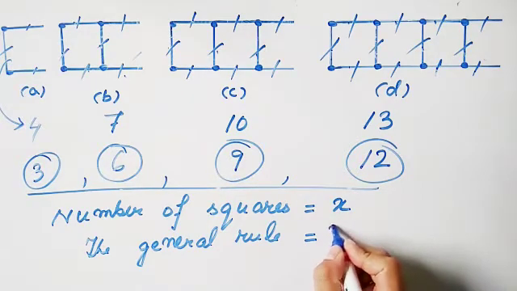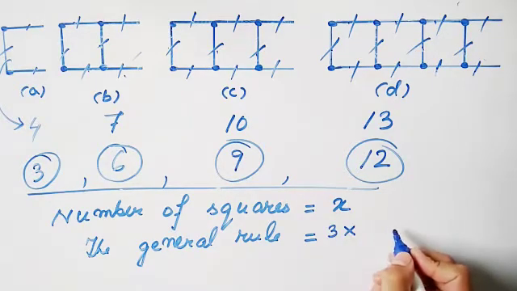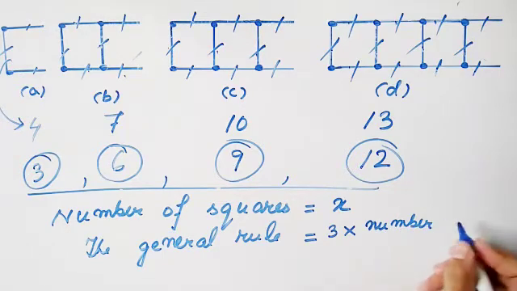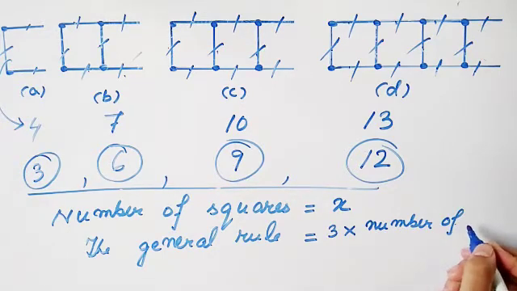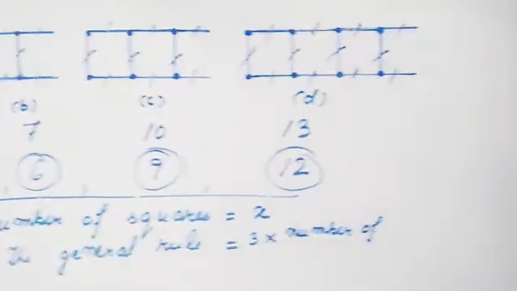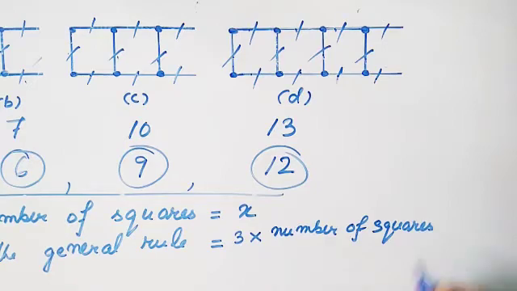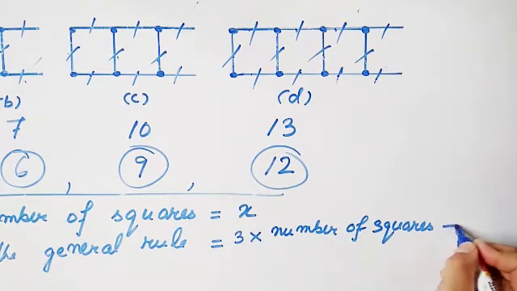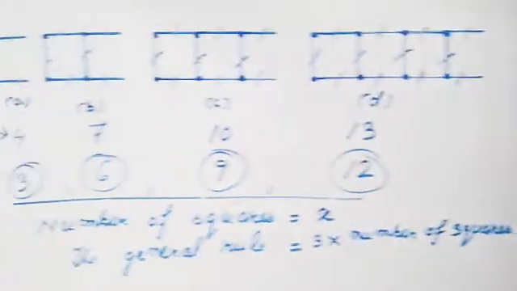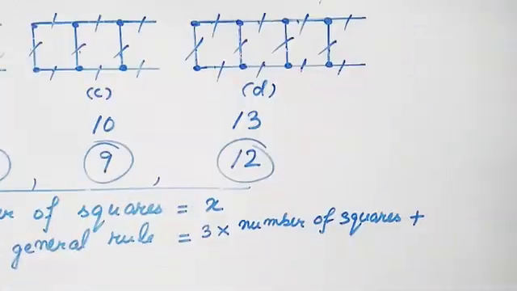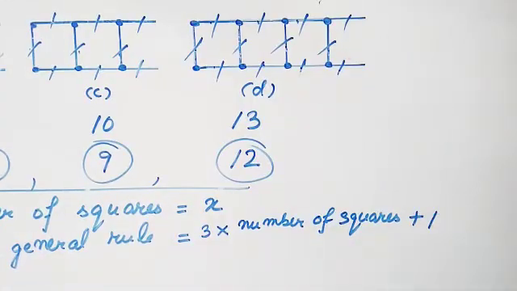So 3 times the number of squares, and plus, remember, we have removed one vertical stick from each figure, right? So we have to add that one also, plus 1.